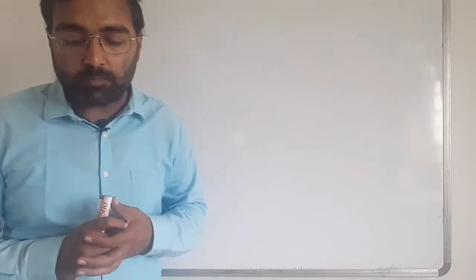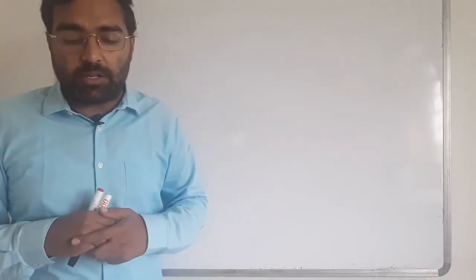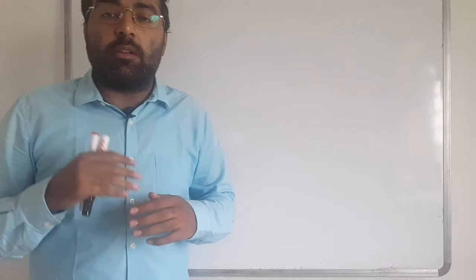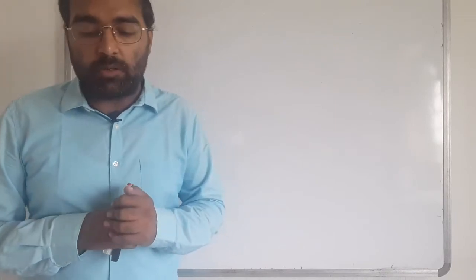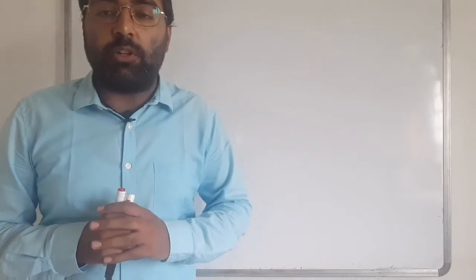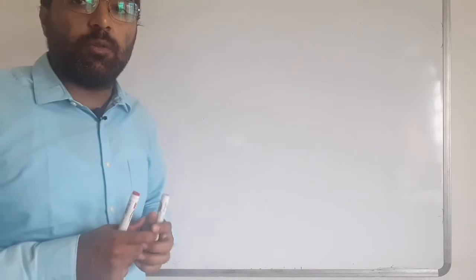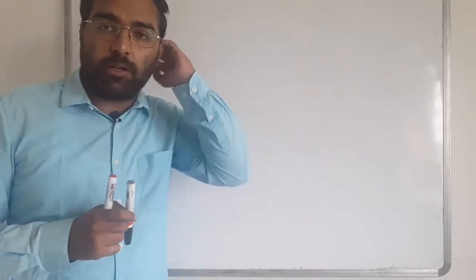So these three kinds of angles we saw in the previous session with some basic concepts. Now in today's session we move on to question number 2 from exercise 6.2. So let's start without wasting our time.